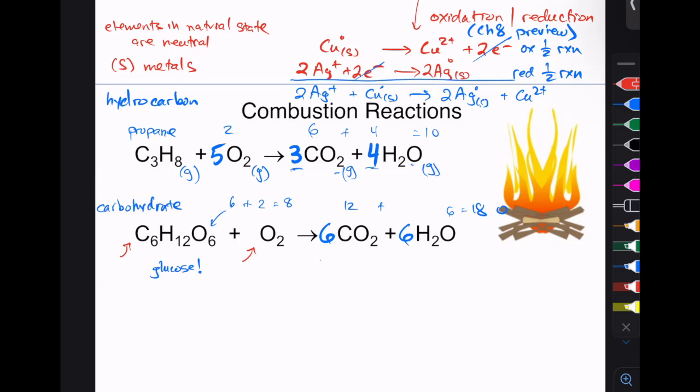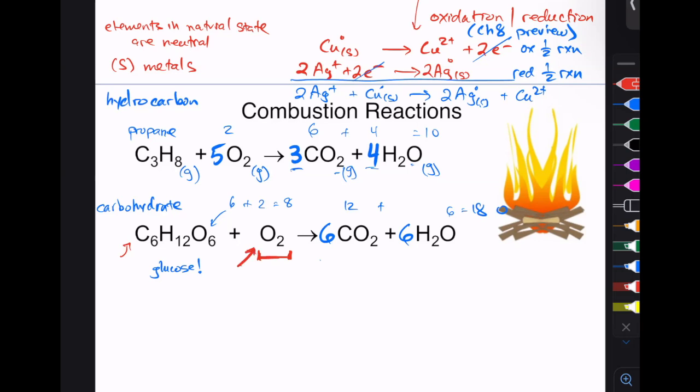So this is where you want to take advantage of the fact that the last thing that we've saved to balance is present all by itself. So if we can solve the balancing of the oxygens by just modifying the coefficient in front of molecular oxygen, then we will have balanced everything. We won't have messed up the carbons and the hydrogens.